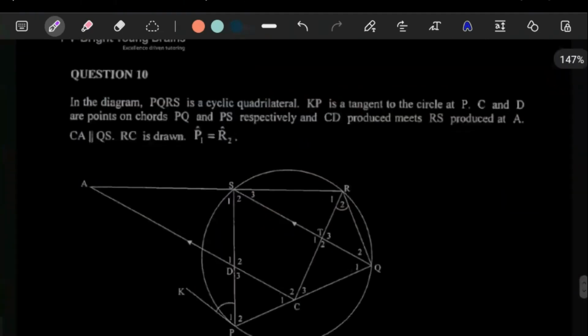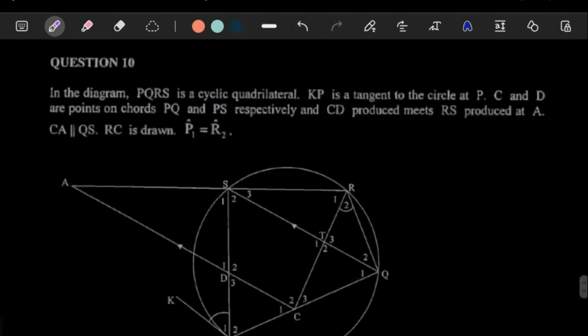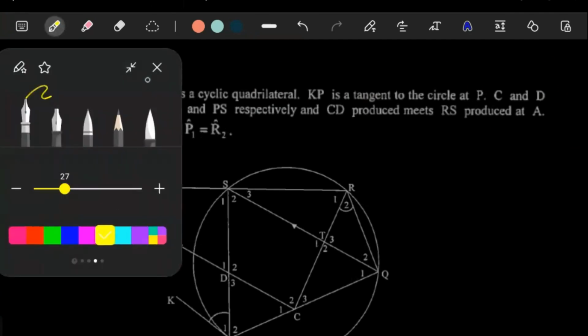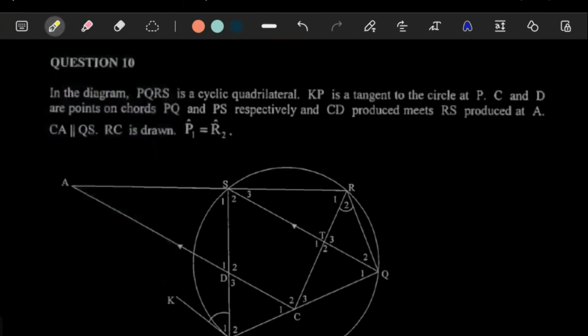Okay, question number 10 seems like we're going to have a good time, because there are just so many things going on, it seems. But let's see. It says in the diagram we have a cyclic quadrilateral.